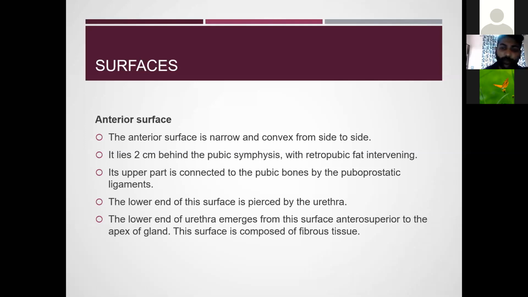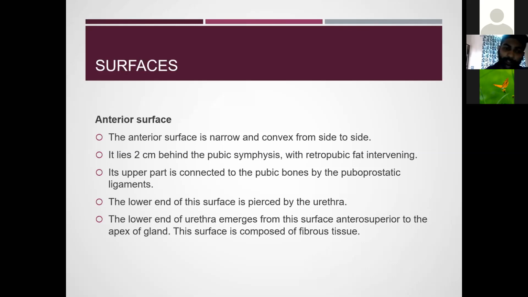Then its upper part is connected to the pubic bone by the puboprostatic ligament. The lower end of the surface is pierced by the urethra, so the urethra is passing through the prostate.